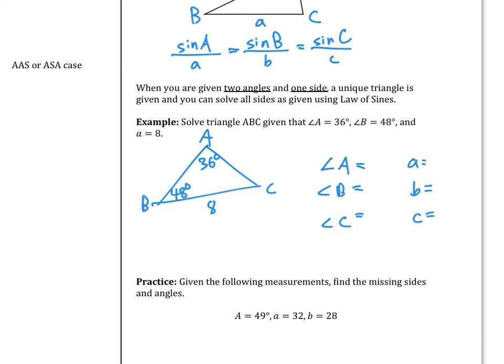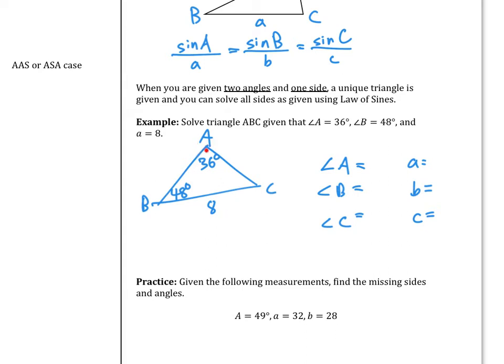Because there is no right angle anywhere in this triangle, we can't use SOHCAHTOA. So what we want to do is look for things we can actually do. We know this angle and its opposite side. This creates a pair, so this allows us to use law of sines.